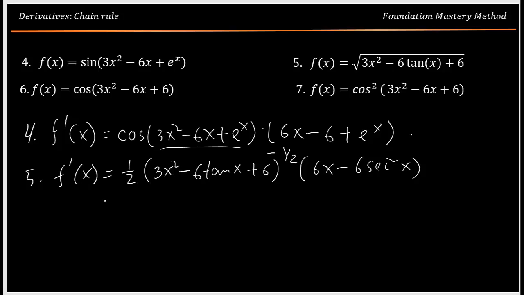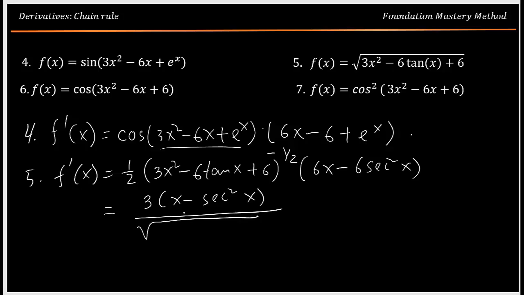We can leave like this, or we can further simplify and write 3x minus secant squared x over square root of 3x squared minus 6 tangent x plus 6.